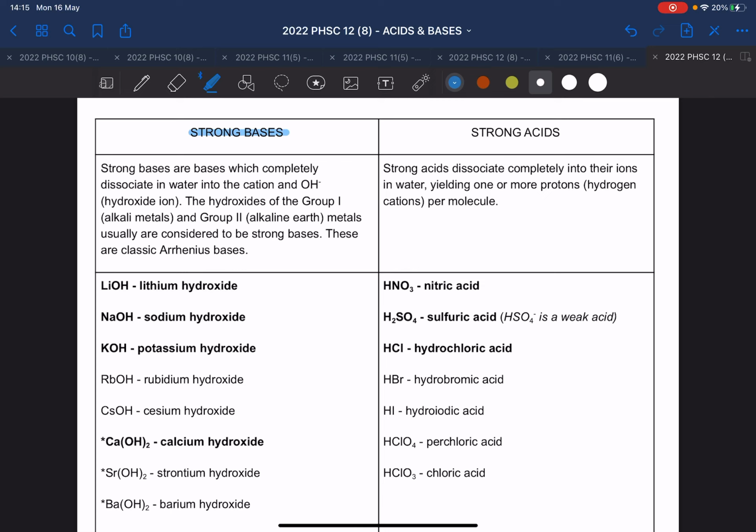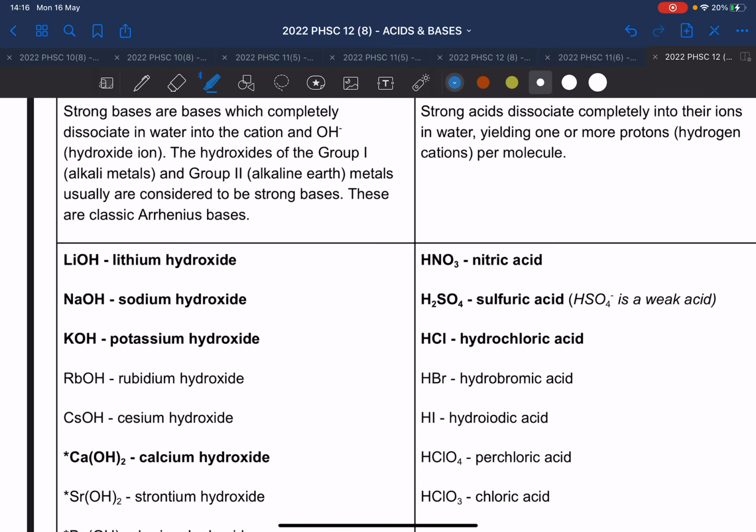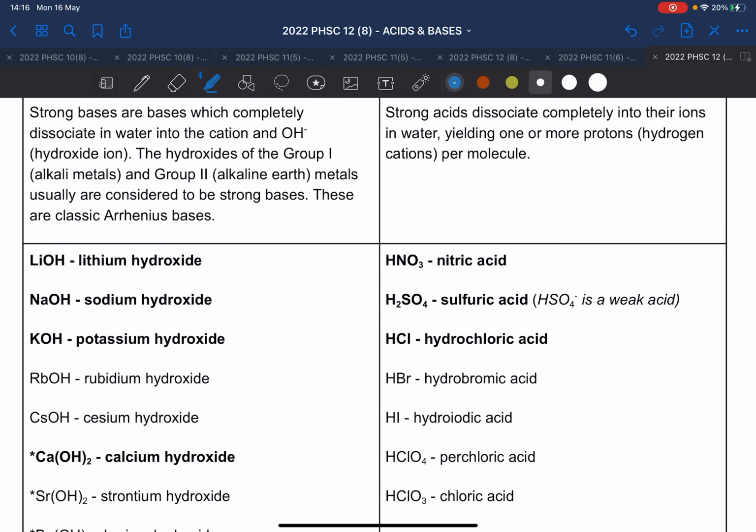It says a strong base completely dissociates in water into a cation, a positive ion, and an OH, or hydroxide, ion. So if you see an OH, you must know it's a strong base. Now what that OH is bonded to is group 1 elements or group 2 elements.